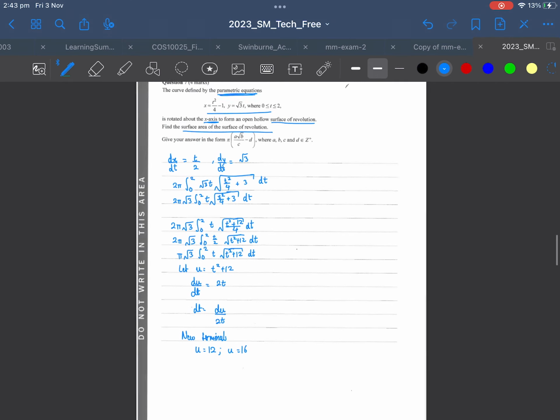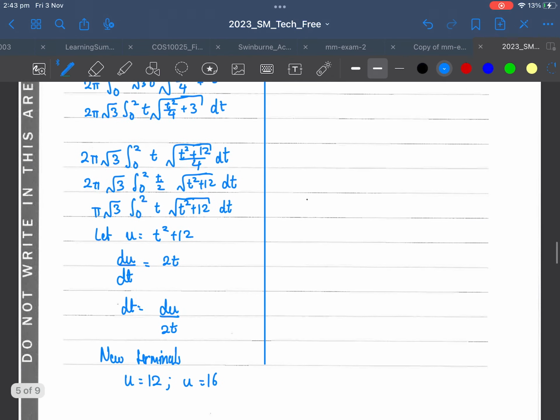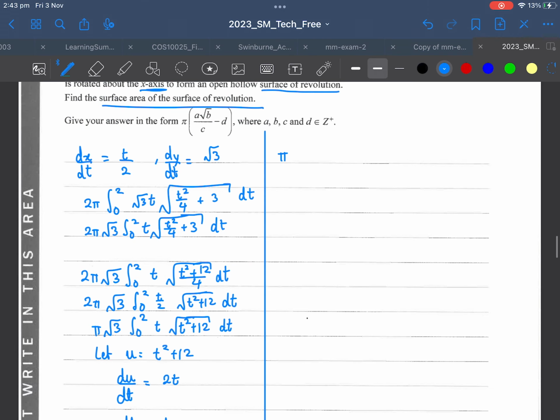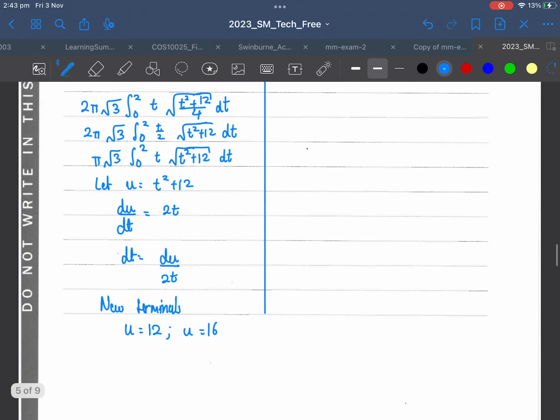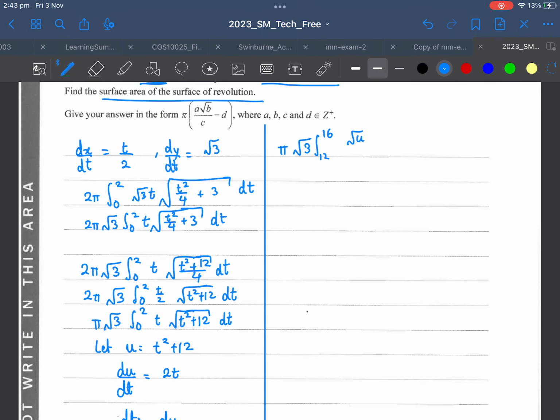Alright, so pi square root of 3, first one was 12, the other one was 16, and then dt equals, so this would just become t times square root of u du on 2t, so t and t cancel out, so this would just become square root of u on 2 du.